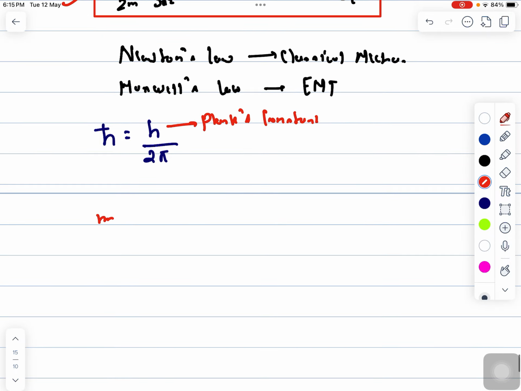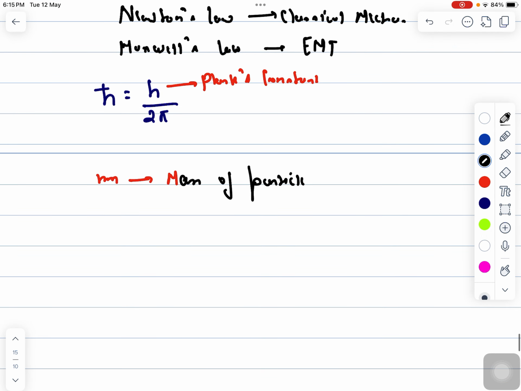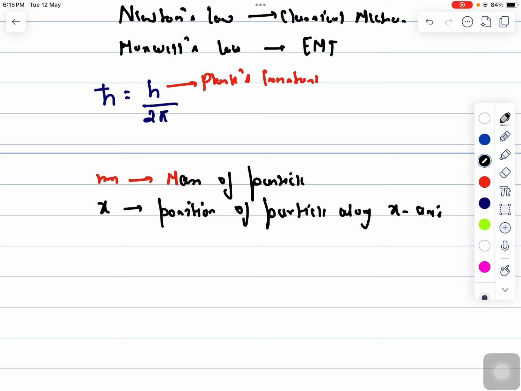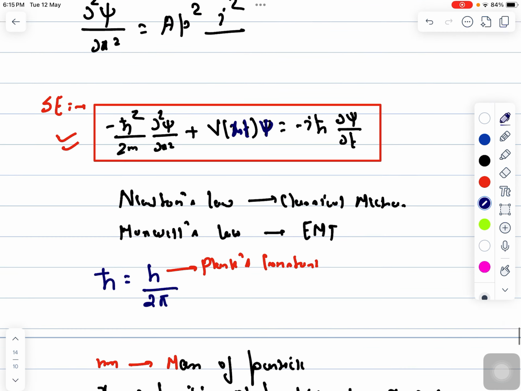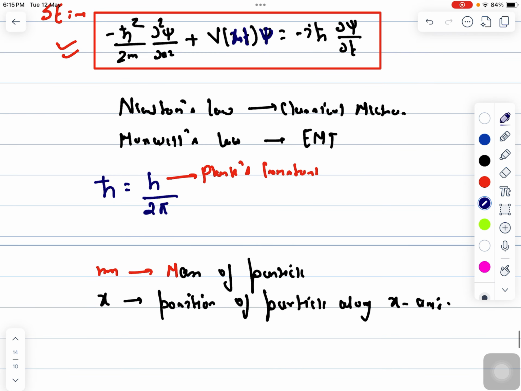And m is the mass of the particle, and then you have x, that is the position of the particle along the x-axis, because here I'm interested in doing the derivation of the Schrodinger equation in 1D only, right?